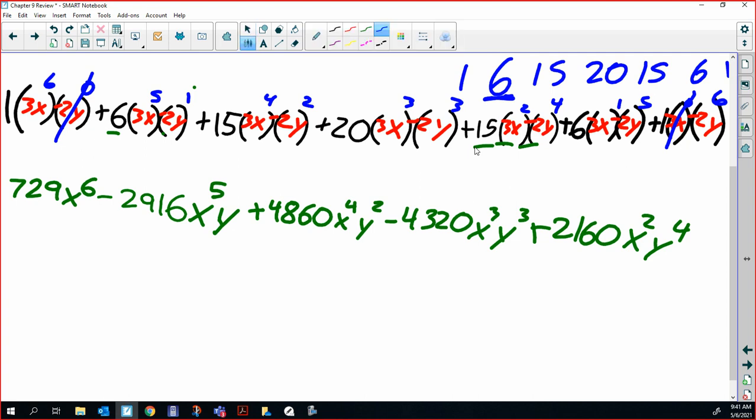6 times 3 times negative 2 to the 5th. 2 to the 5th is 32, so negative 32 times 3 times 6 is negative 576. X to the 1st, y to the 5th.